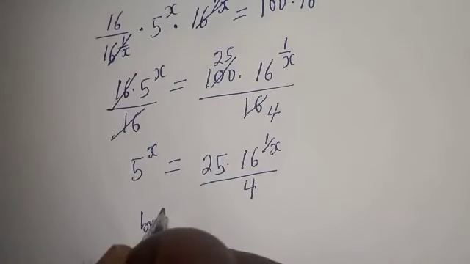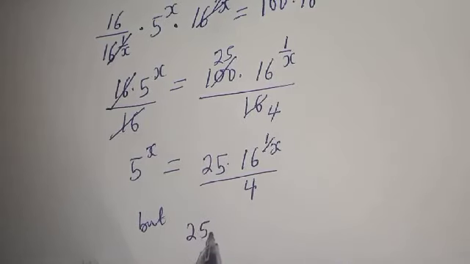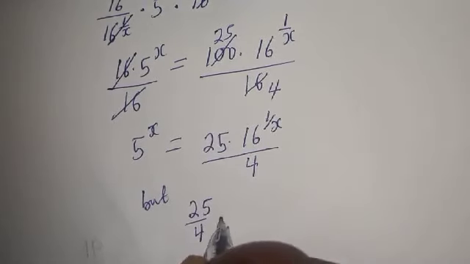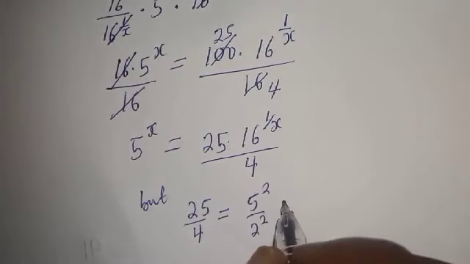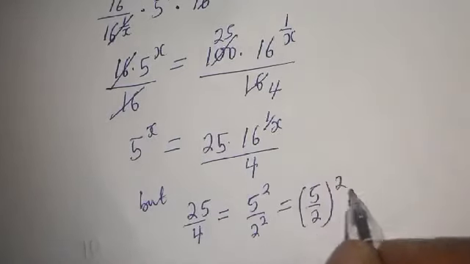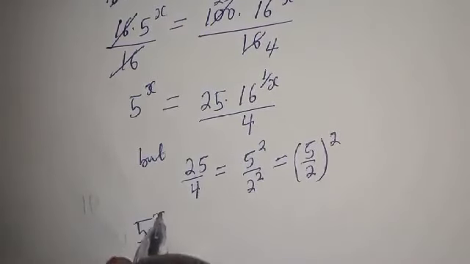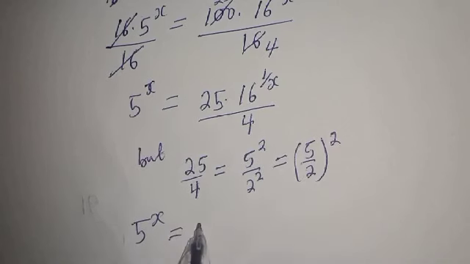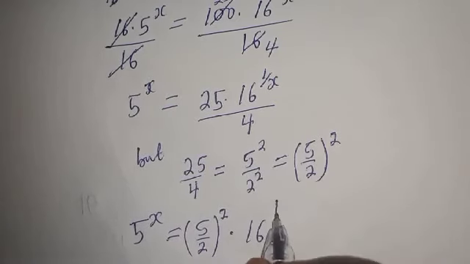But 25 over 4 is equal to 5 squared over 2 squared, and this is equal to 5 over 2 all squared. So we have 5 raised to power x is equal to 5 over 2 all squared multiplied by 16 raised to power 1 over x.